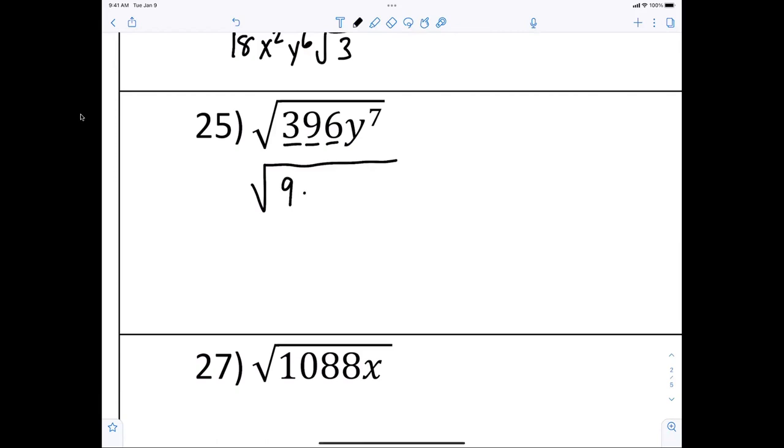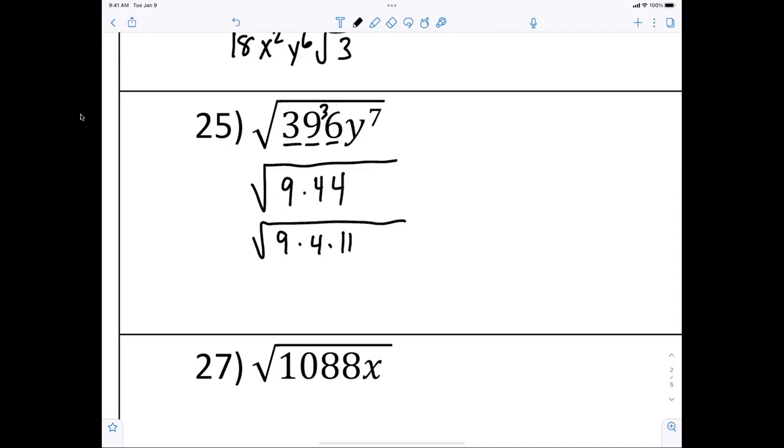How many times does 9 go into 39? Let him do it, please. I'm not asking anybody else. 9 goes into 39 4 times. How many left over? 3. 9 goes into 36 perfectly. 4. Beautiful. Now, what do I do with the 44? Divide. By what? 4. 4 times 11.